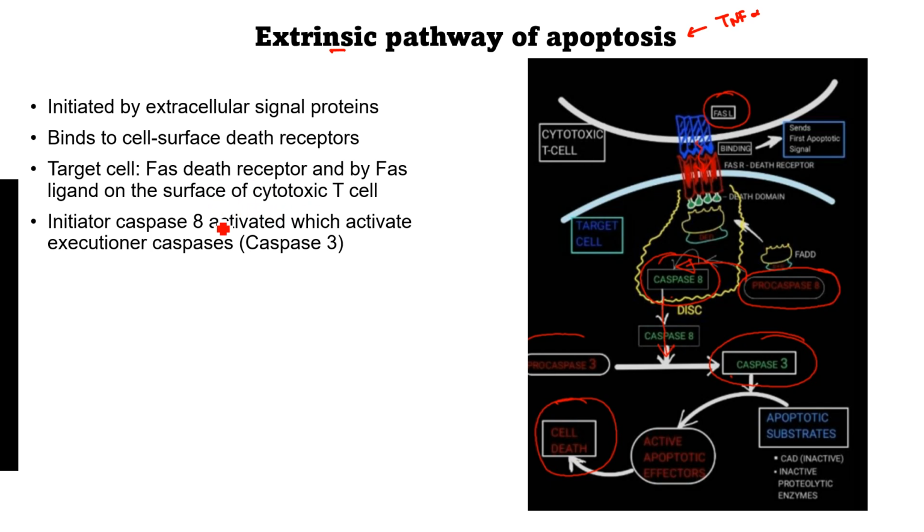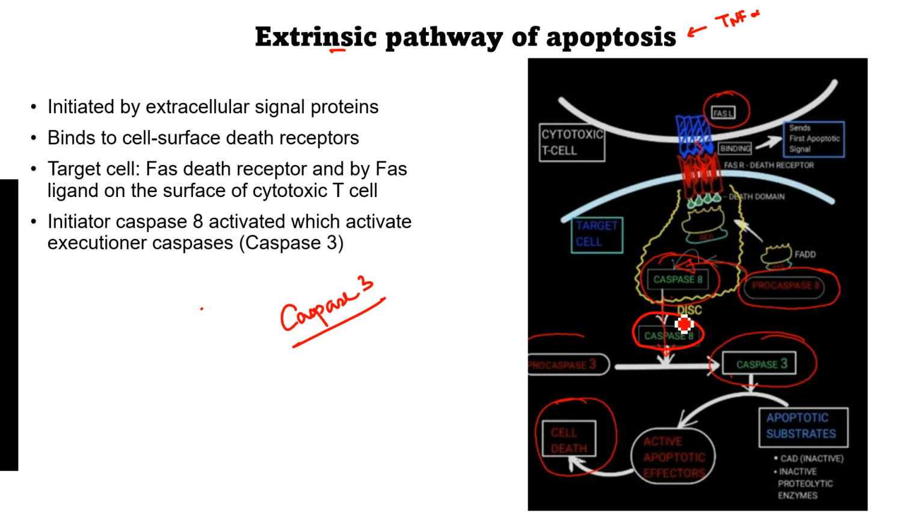Once the Fas ligand binds to the Fas death receptor, ultimately caspase 8 is activated. In the intrinsic pathway, caspase 9 was getting activated. In this case caspase 8 is activated, and it converts procaspase 3 into caspase 3. So another similarity between the intrinsic and extrinsic pathways is that in both cases caspase 3 is activated.